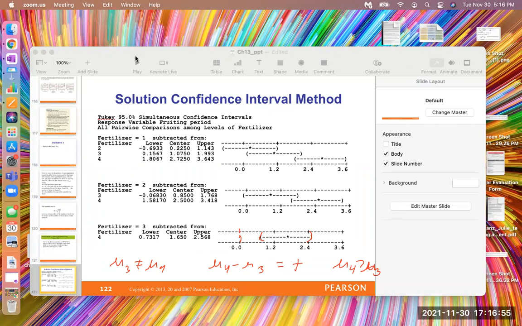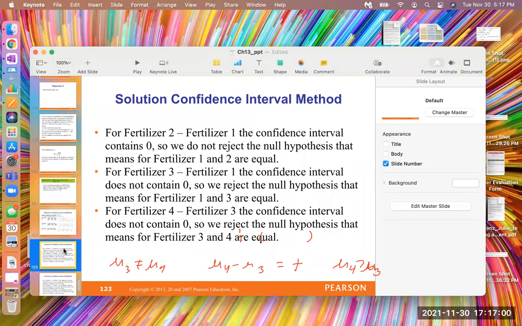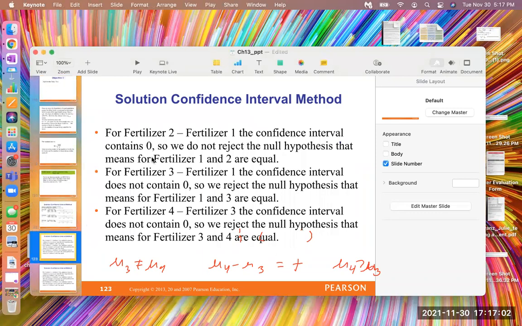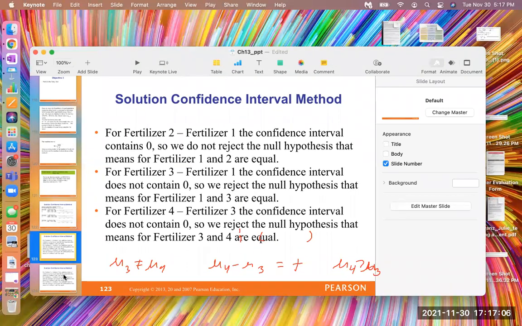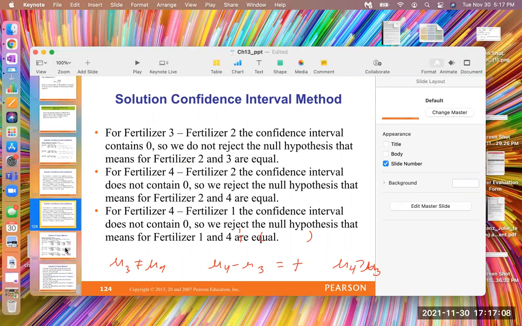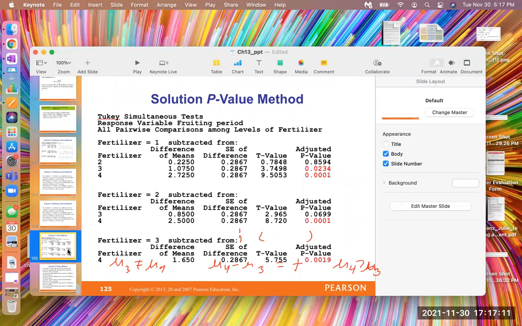All right, and so they sum up everything on the next page, I believe. They just say everything that I just said, and they sum it all up. They also may show you the p-value approach to this Tukey's test as well.